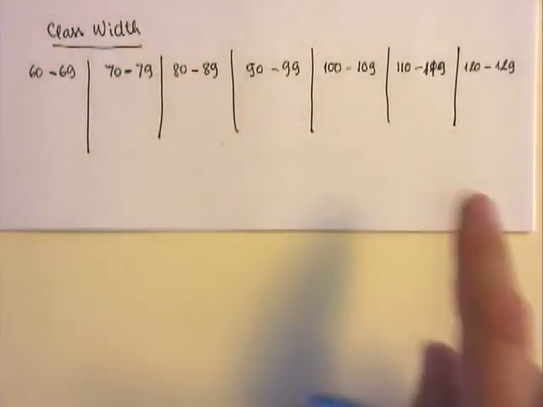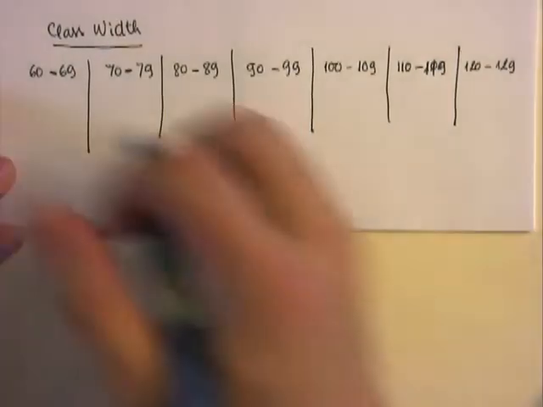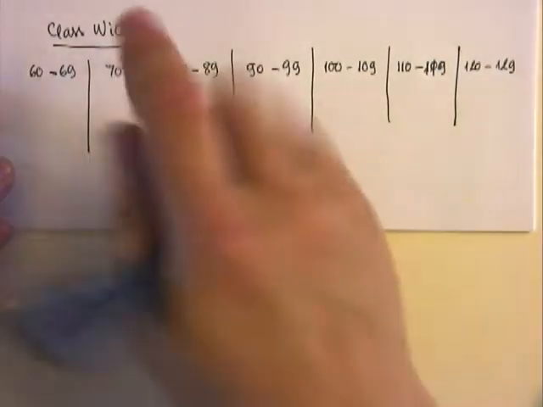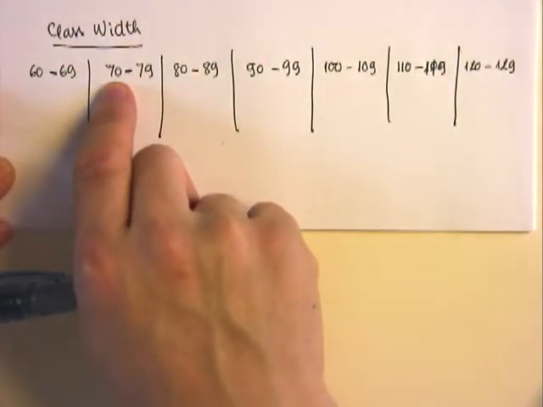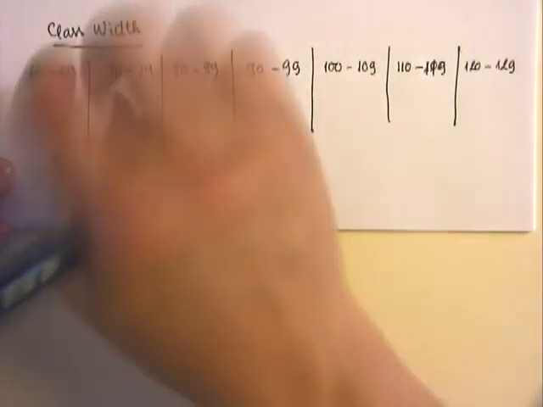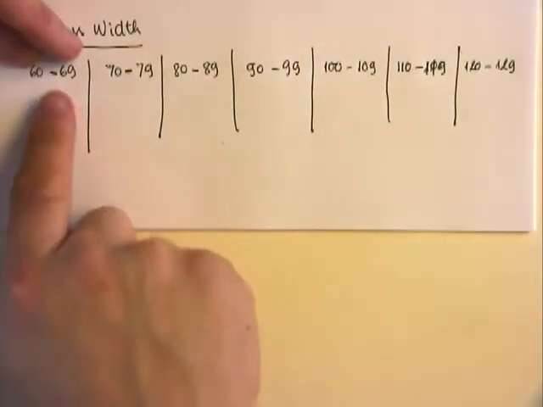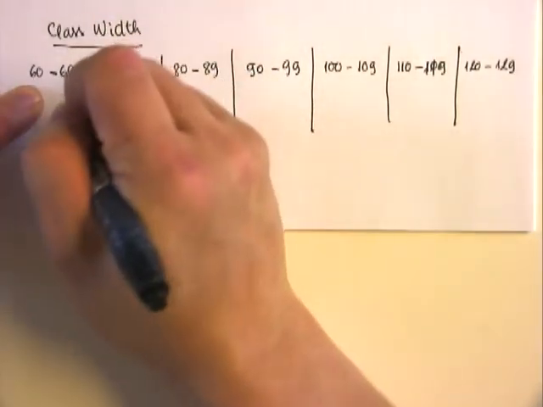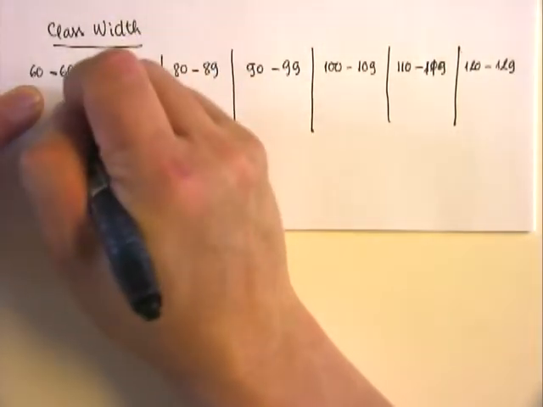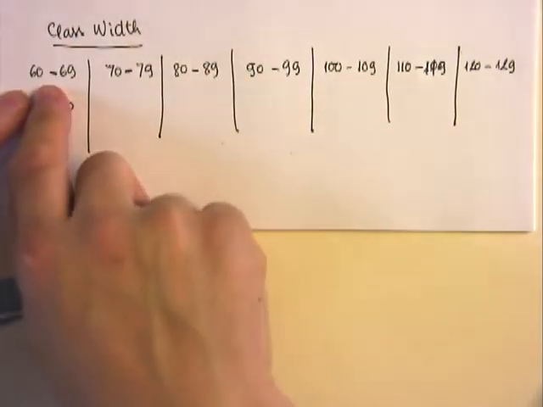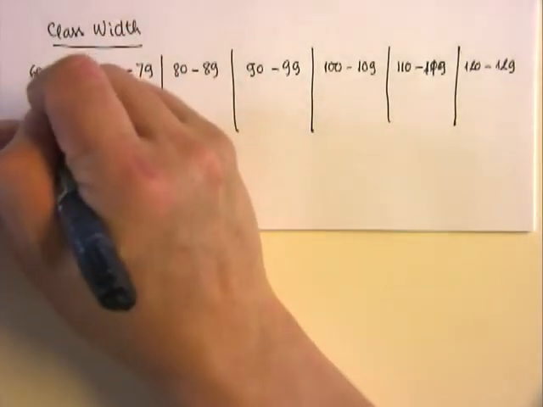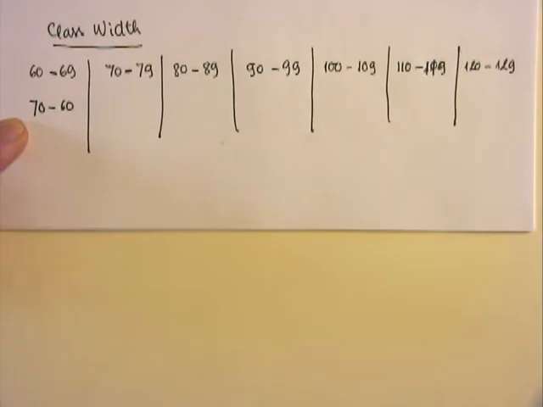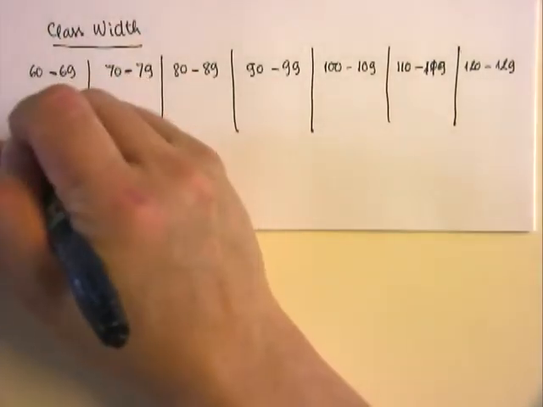To find the class width, what you're going to do is, say you want to find the class width for this particular class, you subtract the lower limit of this class from the lower limit of the upper class, and that gives me 10.